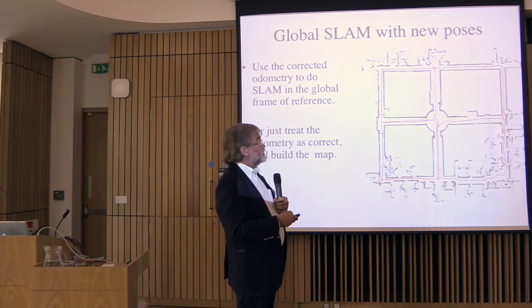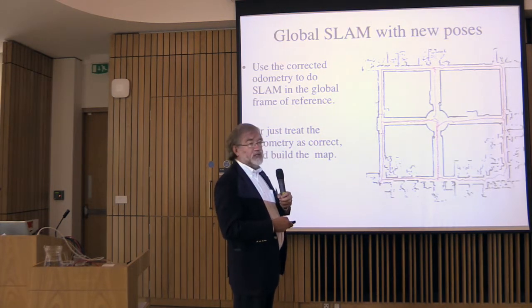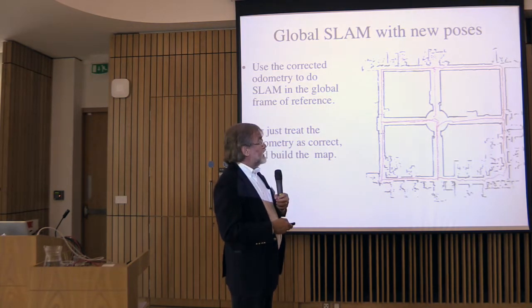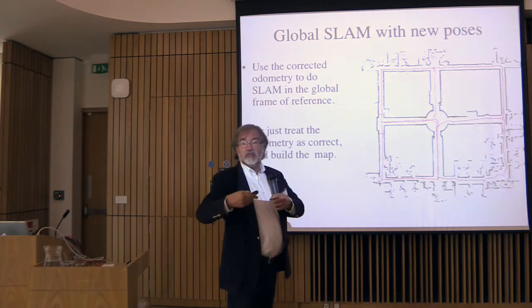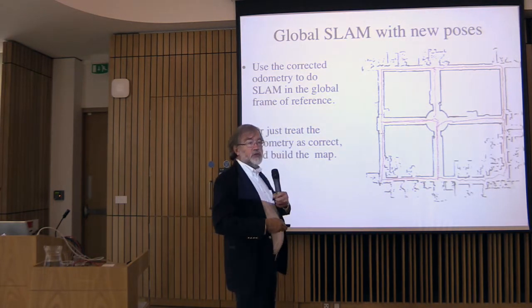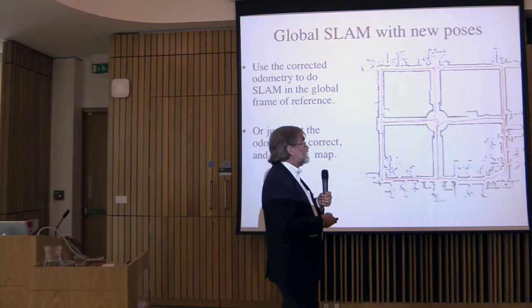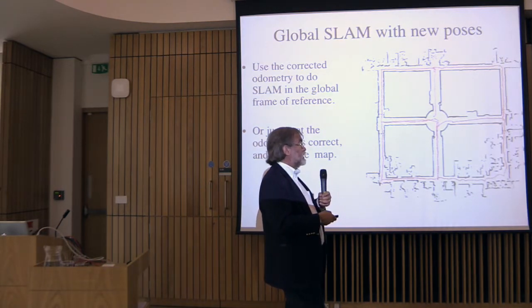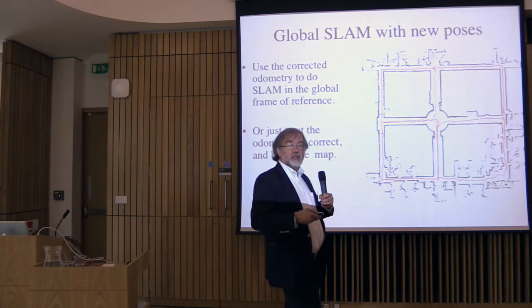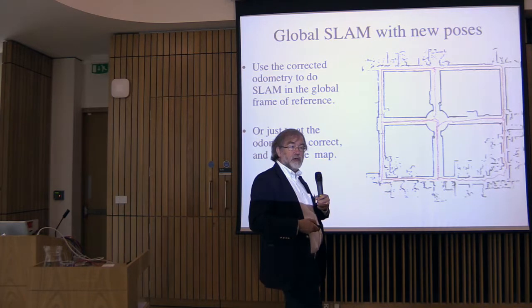And given those poses, we can now take the laser observations and build a map of the environment without these cumulative errors. So now we have some very largely correct poses, and we can then make a largely correct model of the environment.